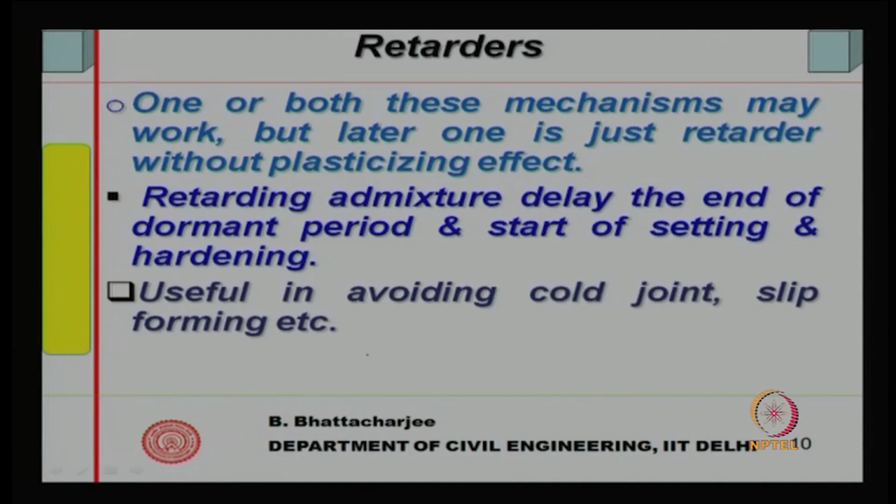Good, useful in avoiding cold joints and in slip form concrete, etc. Slip form construction is continuous construction of vertical members, chimneys, or even buildings, walls and things like that. Casting goes on continuously. Now, a cold joint is formed between hardened concrete and fresh concrete, because they do not bond well.